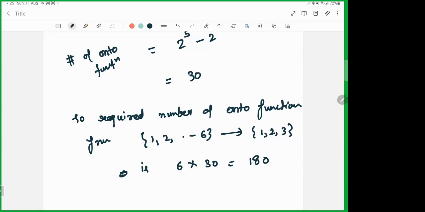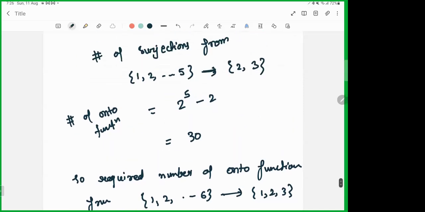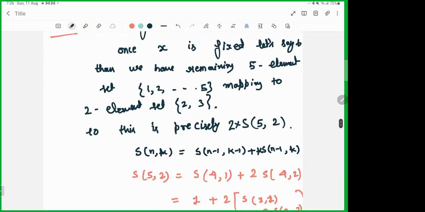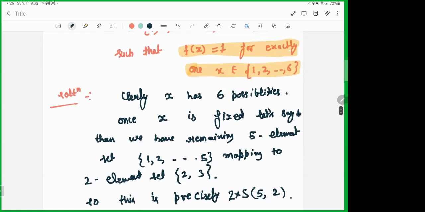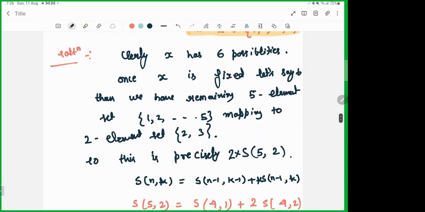Yes. Sir, can you explain? Yes, I will explain. First, I have to choose f(x) equal to 1 for one choice of x, because for exactly one x the image can be 1, right? So x has six choices. Once we fix one x, suppose 6, then I have the remaining five-element set. This five-element set has two possible images, either 2 or 3. Suppose the image is 2, then take the points in the domain whose image is 2, and the points whose image is 3.